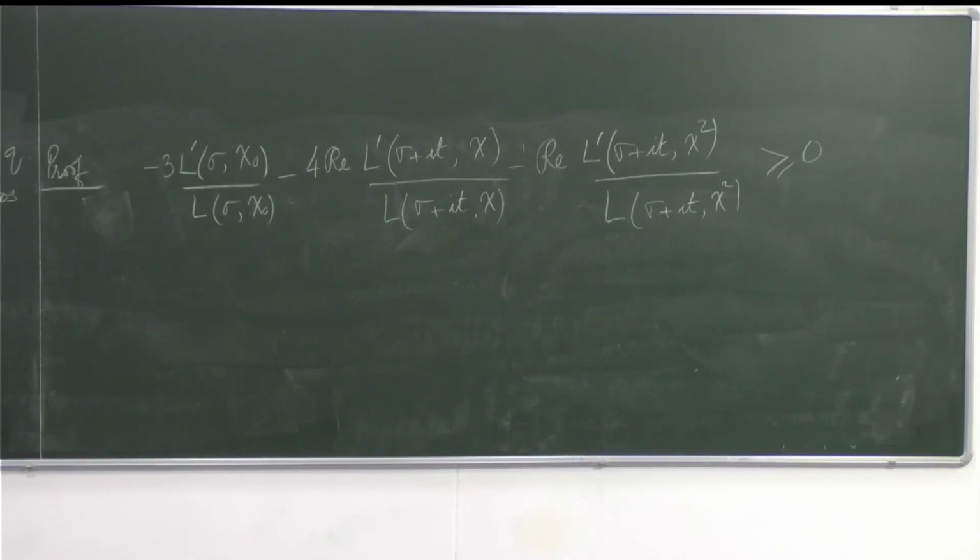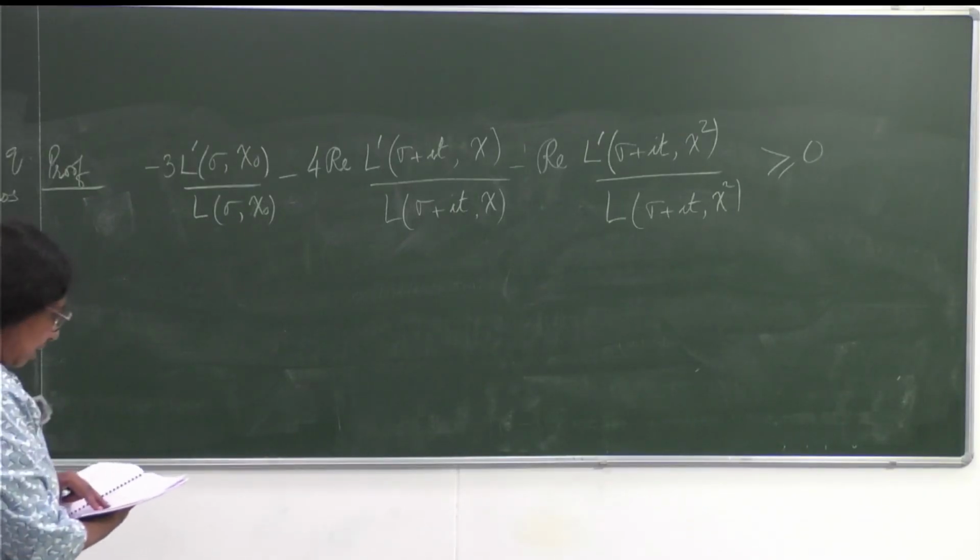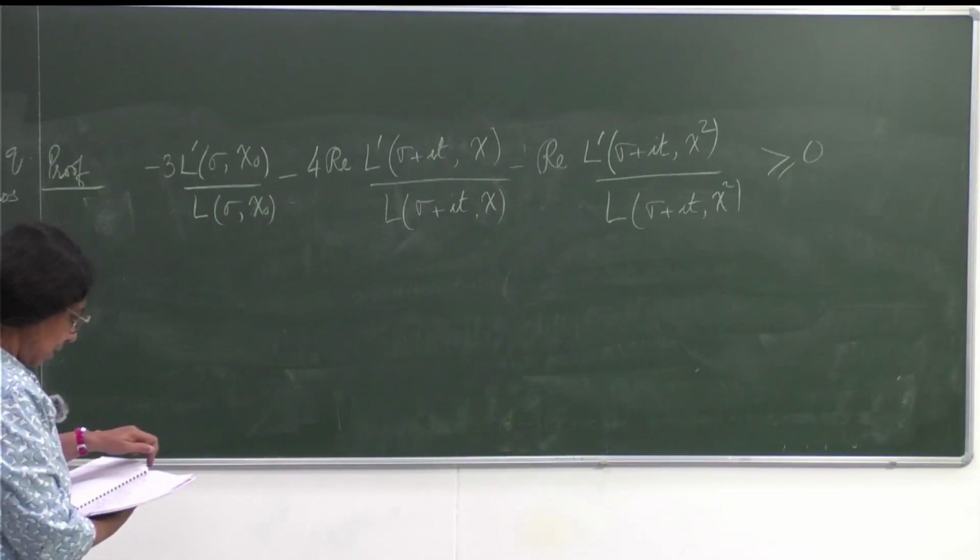Plus cos 2 theta. Yeah, so this is positive. Sigma plus 2IT. Is there a 2?